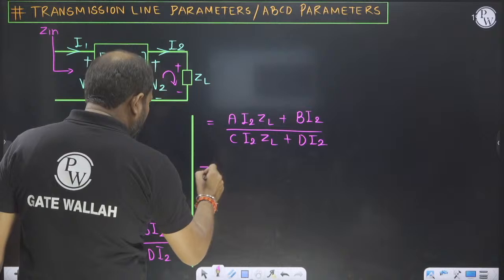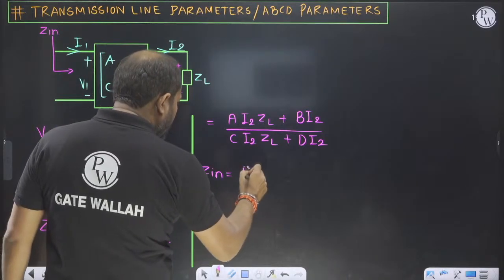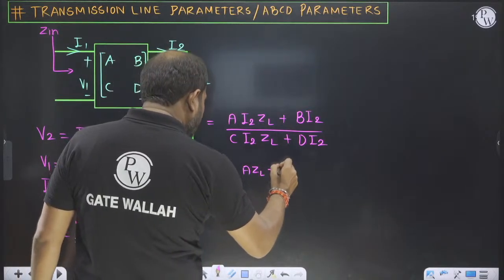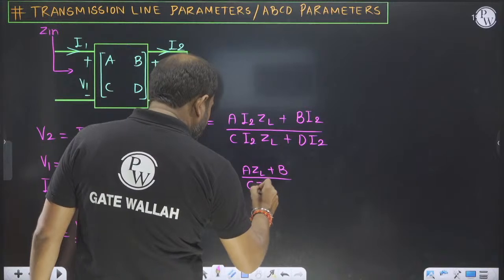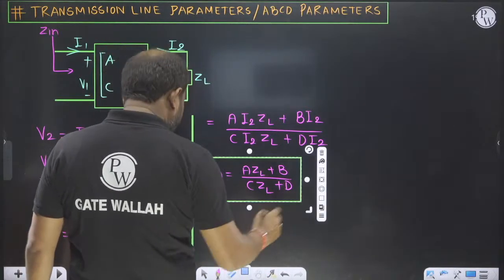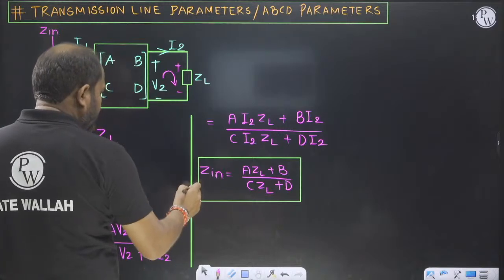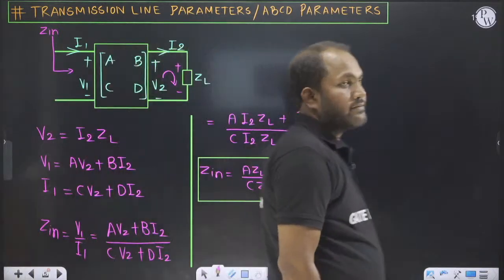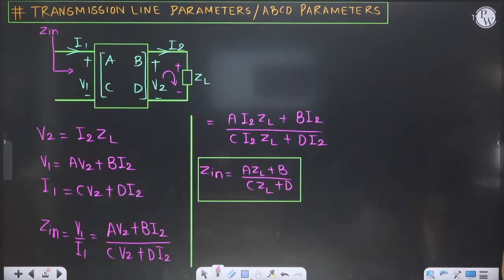I2 will be cancelled out, so Zin will be equal to (A ZL plus B) over (C ZL plus D). So this is our Zin. It is a very easy part.